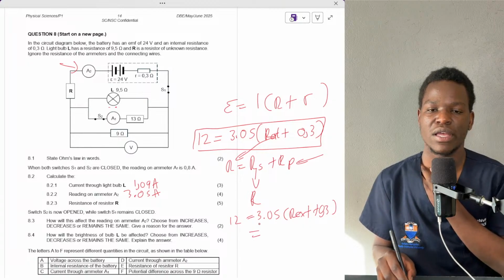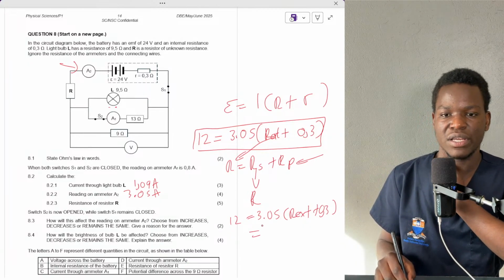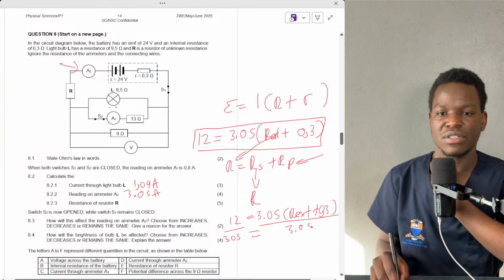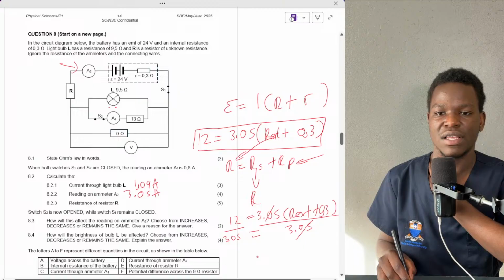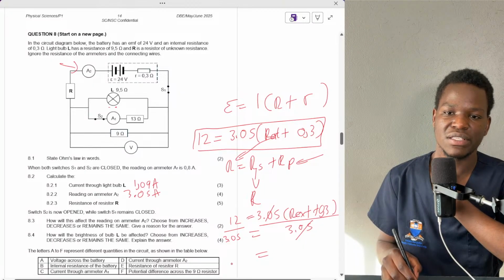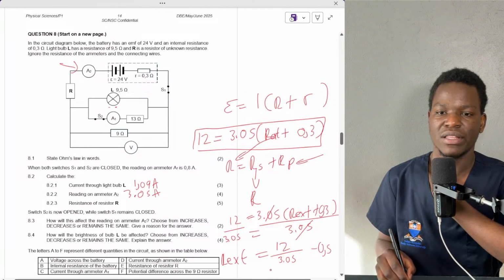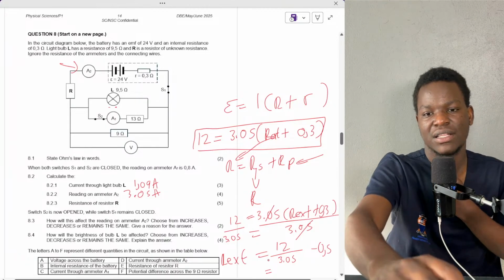The way that we do it, you just divide both sides by 3.05, this divided by this, and that side we just keep it the same, and then it will be R external. So it's 12 over 3.05 minus 0.3. That will be our R external.